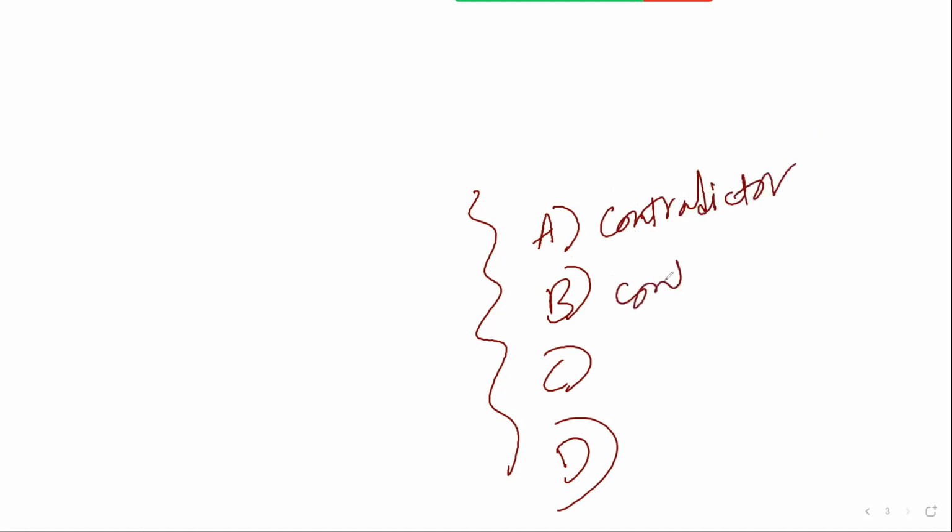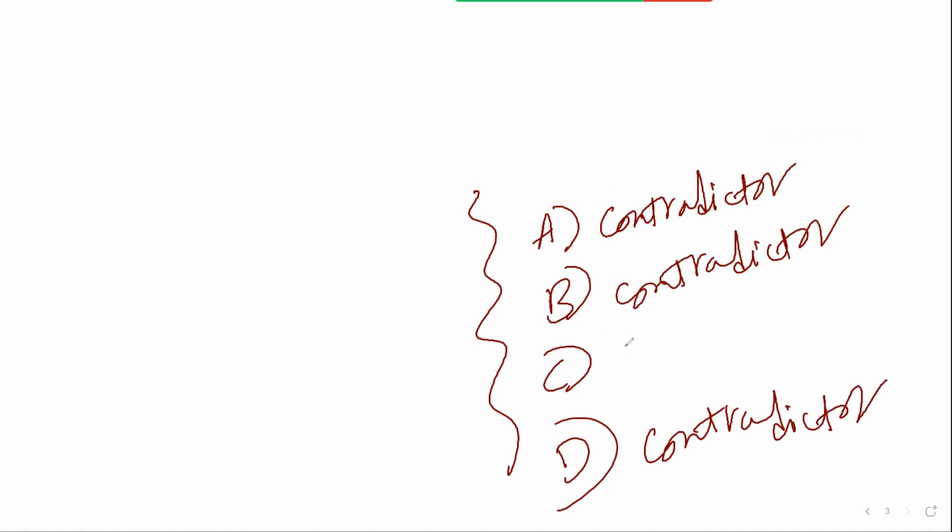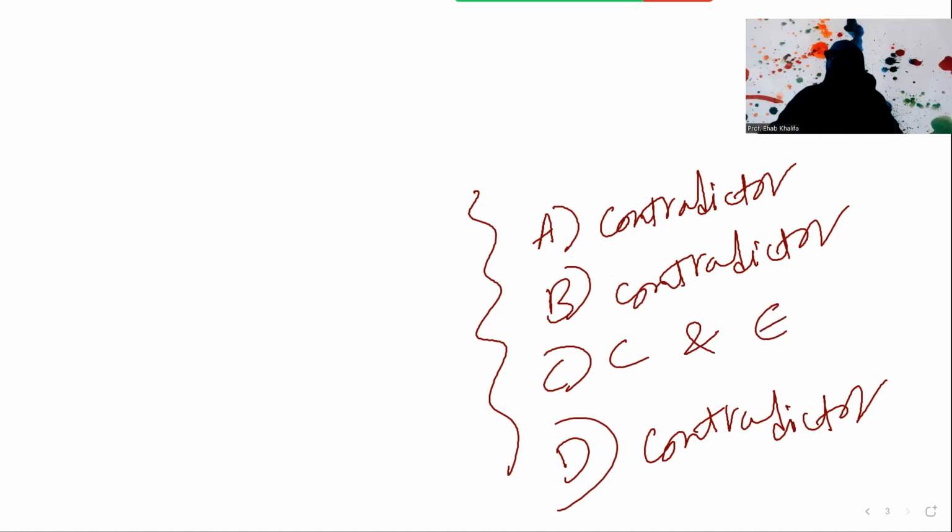In B, contradictor. In D, contradictor. In C, cause and effect. Choose the correct answer. And A, B, D are contradictors of the same grammatical type. What is the correct answer?